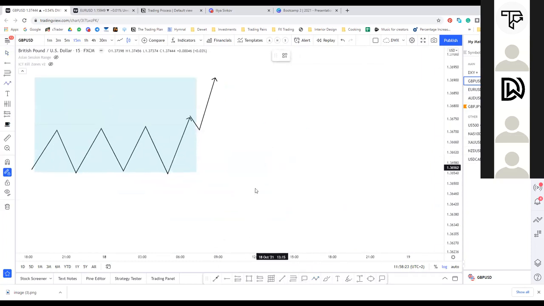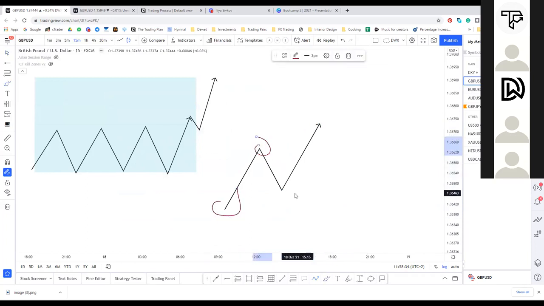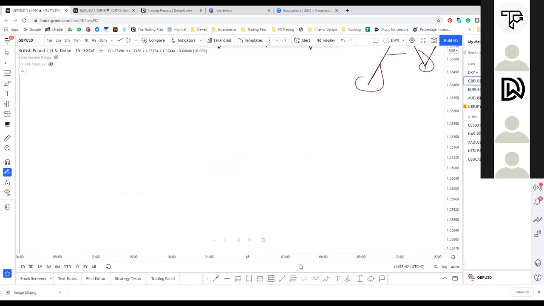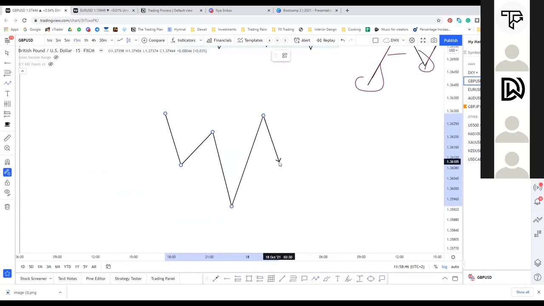Then we have equal movements. We also have the AB equals CD pattern. We have a move from A to B, we have a retracement, and then you're looking for that same move from C to D. In this case, this leg should be the same as this leg in length and also in the amount of time that it took to reach that area. Then we also have the theory of the head and shoulders pattern.